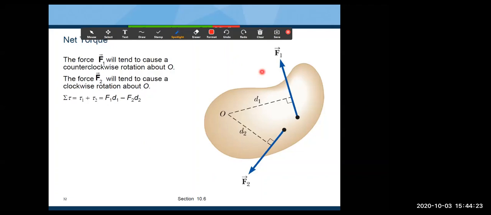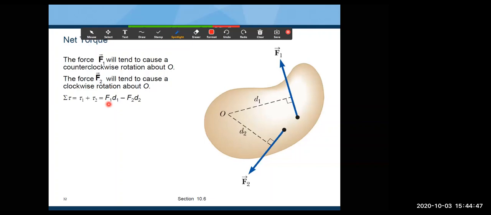The net torque is equal to the sum of the clockwise torque and the anti-clockwise torque. Now, once again, to make the calculations more straightforward, let us consider a torque generating rotation in the anti-clockwise sense to be a positive torque.